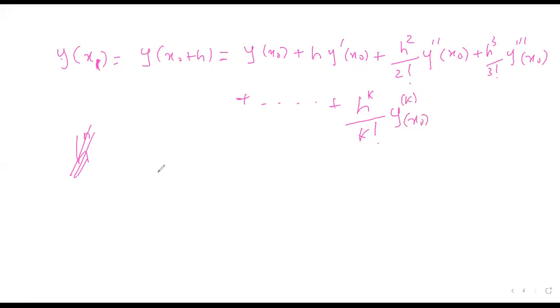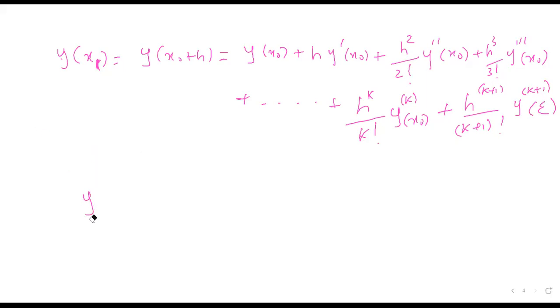Since we are using y of k as a power, better you use a bracket for the derivative. And then one more extra term, the error term, h to the k plus 1 divided by k plus 1 factorial of the y of k plus 1 derivative of, here we are only using epsilon.